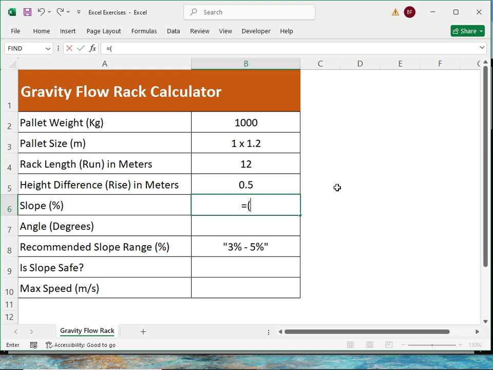So the rise would be the height difference in B5 divided by the rack length, or the run.